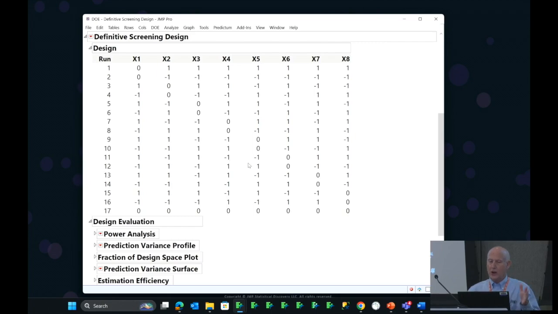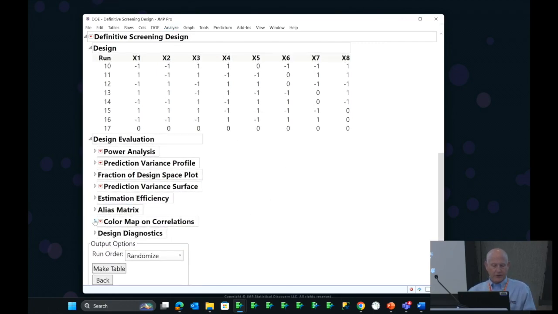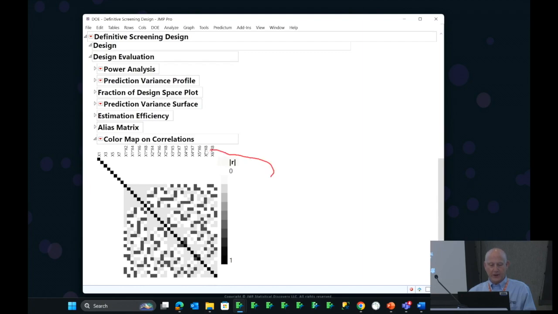And this is where, if you're lucky, typically for 6 or more factors, if there's only 3 factors that are important, it will collapse into supporting a response surface design in that particular case. So that's sort of the one-shot design idea. Okay, and if I go to the color map, I showed this earlier, you can see that this area here is all white. So there's no confounding at all among main effects and 2-factor interactions.